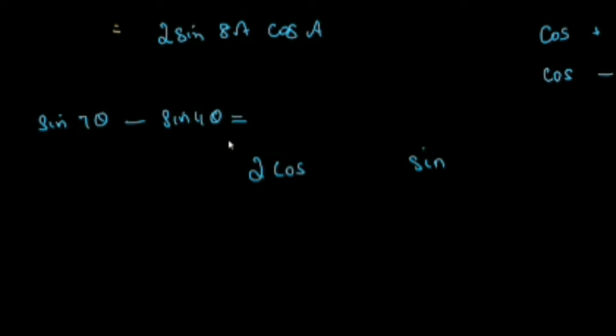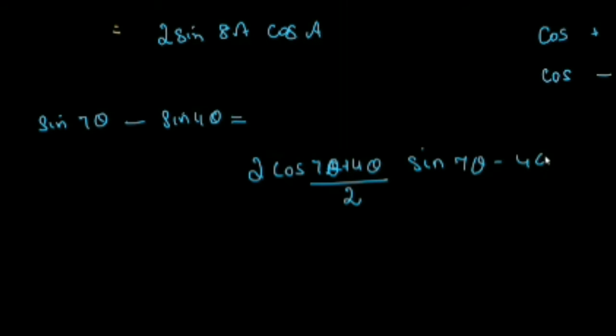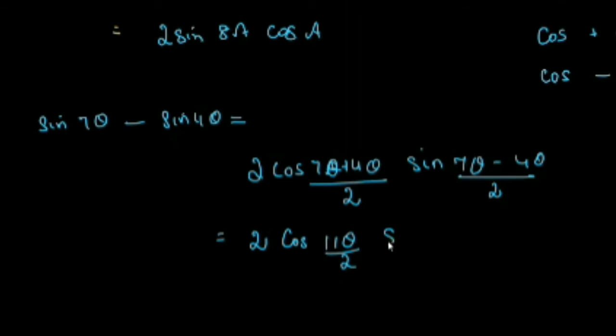So now you just add these two: (7 theta plus 4 theta) by 2. Here (7 theta minus 4 theta) by 2. That is equal to 2 cos 7 plus 4, 11 theta by 2, sine 7 minus 4, 3 theta by 2.